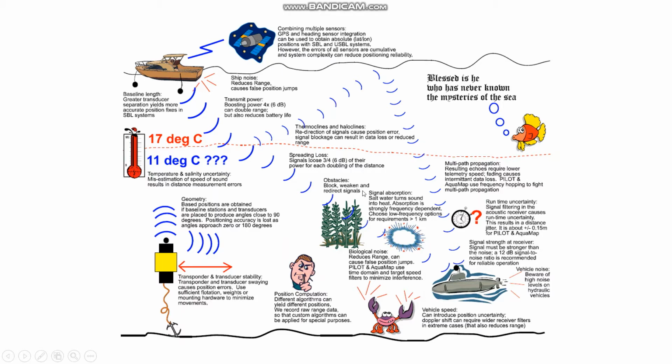This is a graph that we generated some 20 years ago for our underwater acoustic positioning systems, but the same theory applies to just listening for underwater sounds, so for passive acoustic monitoring.